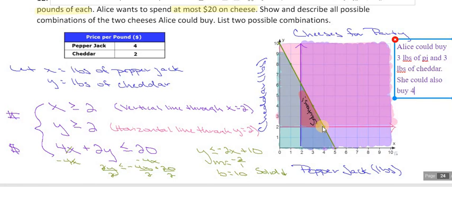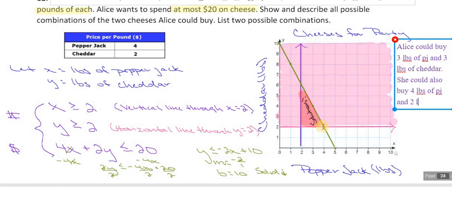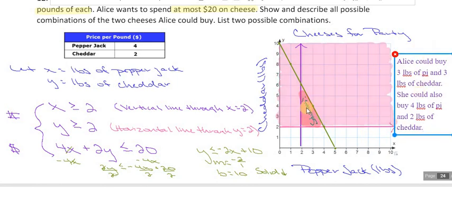Okay, any combination in the triangular region or on the left purple boundary, bottom pink boundary, or technically the hypotenuse, the green boundary, would be acceptable.